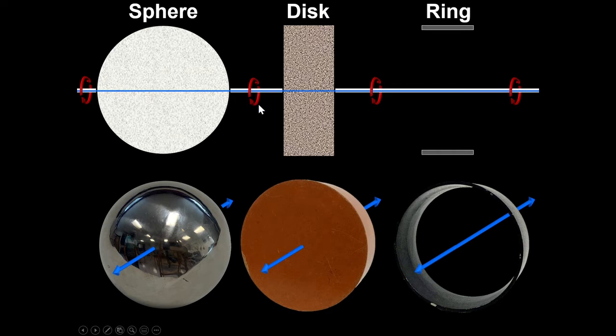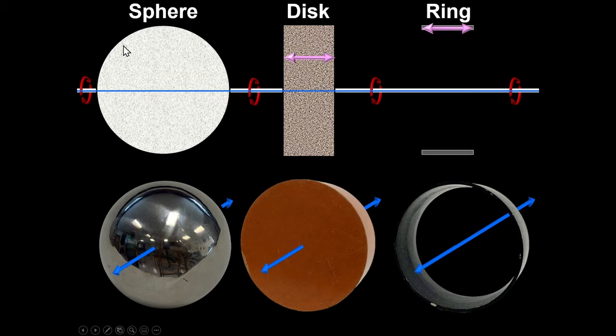But let's see how the mass is distributed. With the ring, all the mass that it has is really far from the axis of rotation. Here, the mass is kind of evenly distributed from the center out to the rim. So maybe on average, it's, well, I don't know, halfway out.